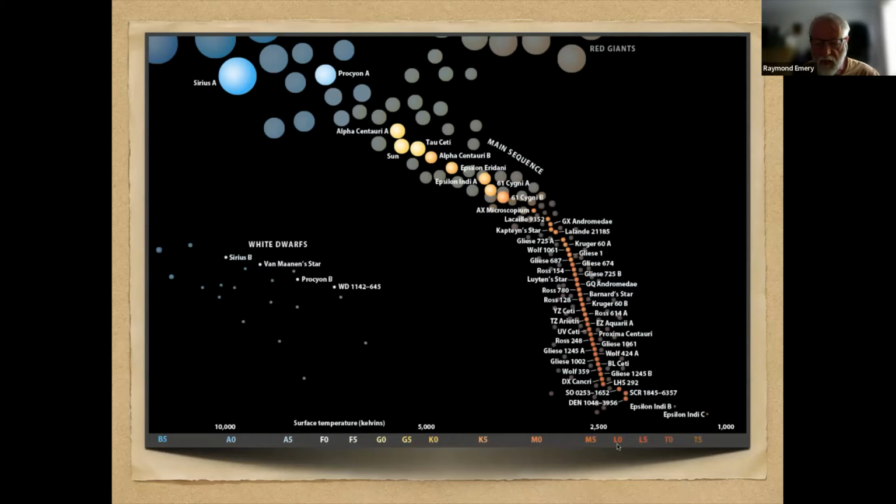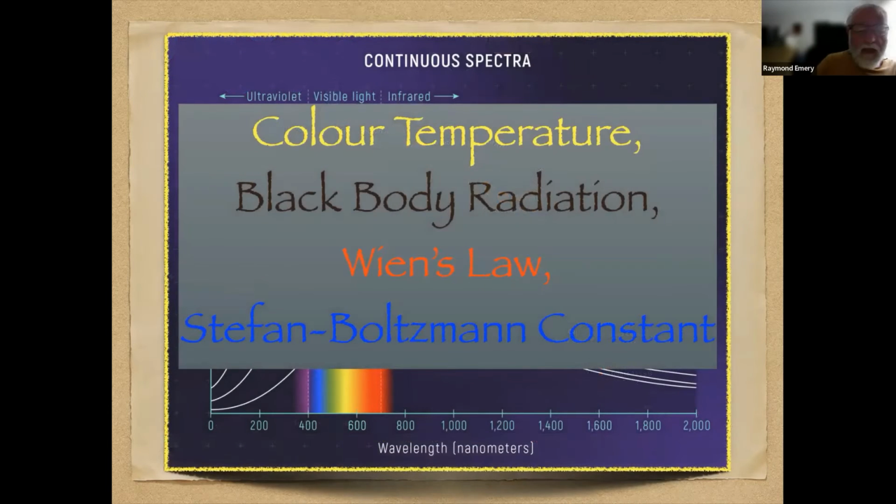And they are given spectroscopic codes all of their own. So here we're talking about, well, four things really: colour temperature, black body radiation, Wien's law, and the Stefan-Boltzmann constant. I'm not going to go into details here, obviously, because it's not a physics thing and I'm not a physicist. Colour temperature is a term which is normally used by photographers or artists.